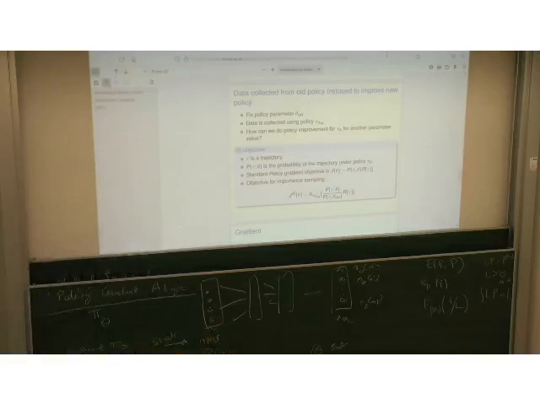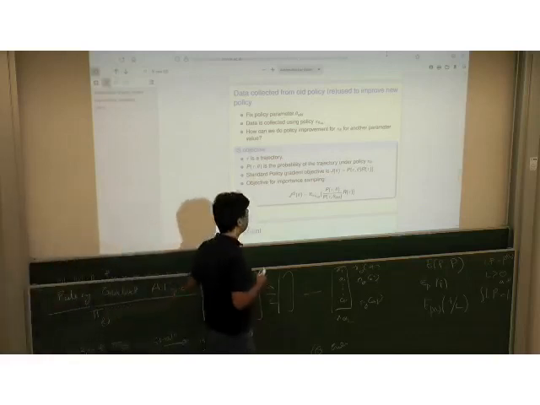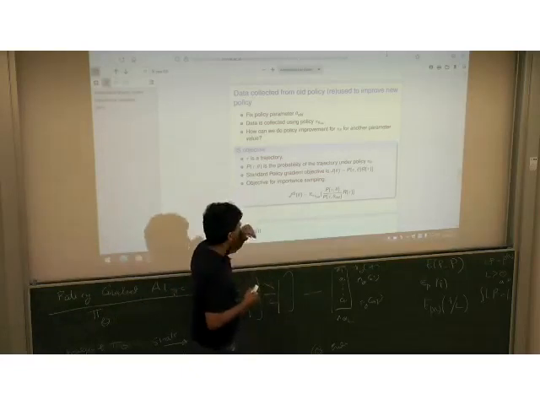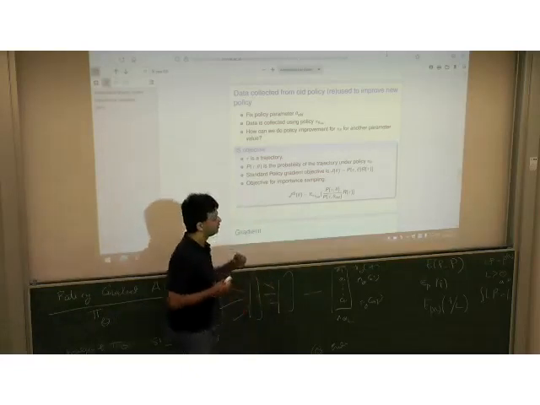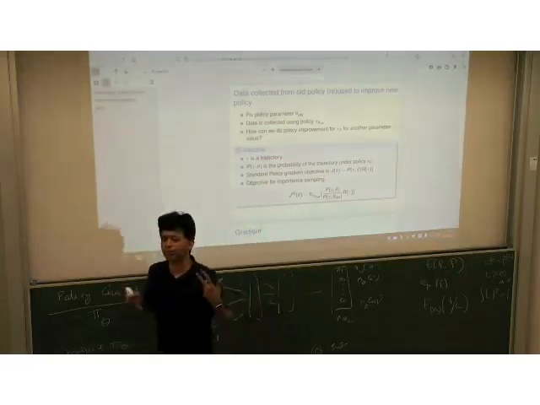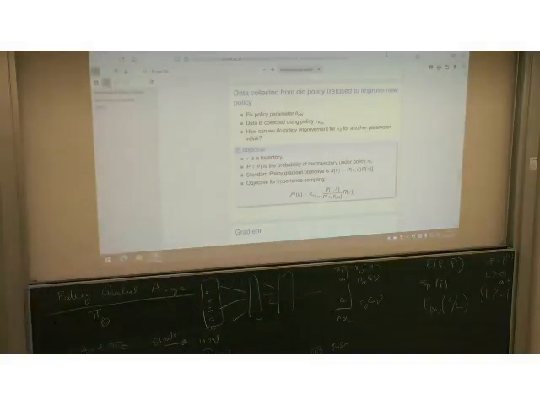The trajectory does depend on the policy. So how can you get away with it? But still, at least mathematically, you could try to rewrite your objective by multiplying and dividing by the probability of the old policy, and take the expectation.